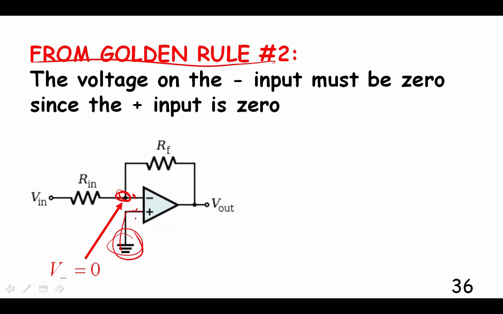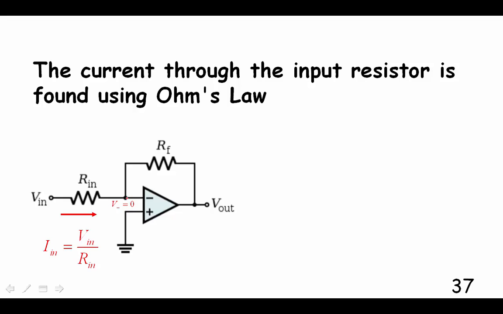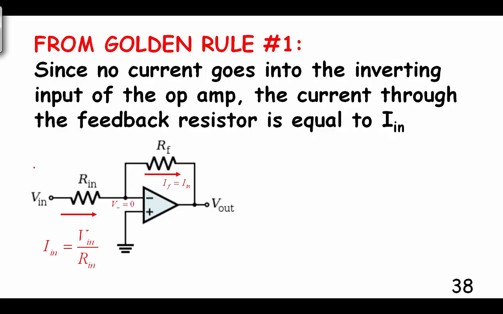It's not directly connected to ground, but the op-amp will make sure that it stays at that voltage. Then we can calculate the current through this resistor using Ohm's law. It's the voltage drop across this resistor divided by the resistance of the resistor. And the voltage drop is just Vin because we know that this point is 0. So the difference between this point and this point is Vin.